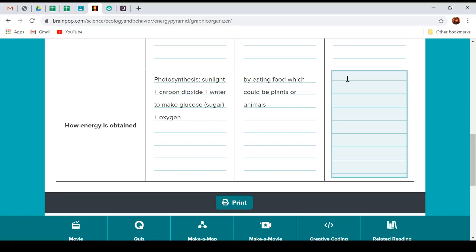So what decomposers do is they break down. Sometimes they will eat, like insects, earthworms, they'll eat the dead material. So they're either going to break down or eat dead and decaying plant or animal matter. It can break down dead plants or dead animals. It's not one or the other.